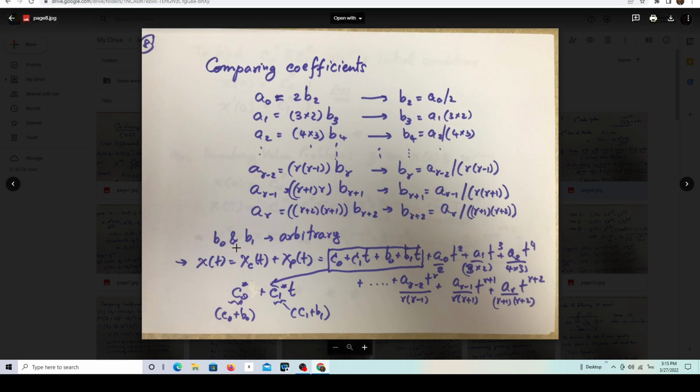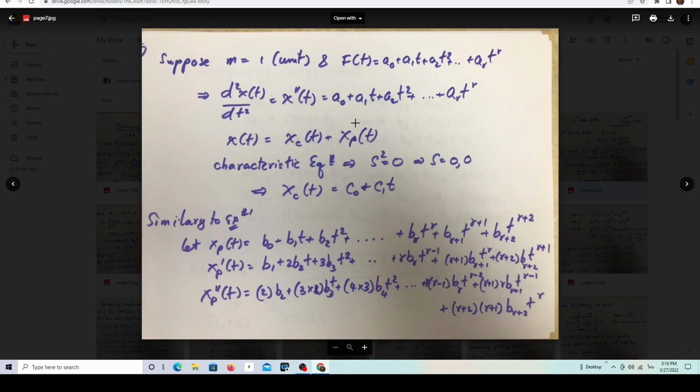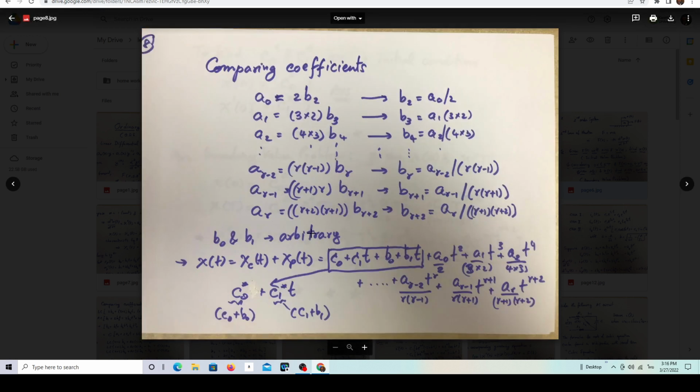So b sub 0 and b sub 1 become arbitrary. Arbitrary means can be any value. It doesn't matter because they are included in the zero order and the first order term. Once you found the second order, this term vanishes. So it doesn't matter what b sub 0 and b1 look like, because based on the governing law of physics leading to the second order system, this value has no meaning. So it can be set to any value.